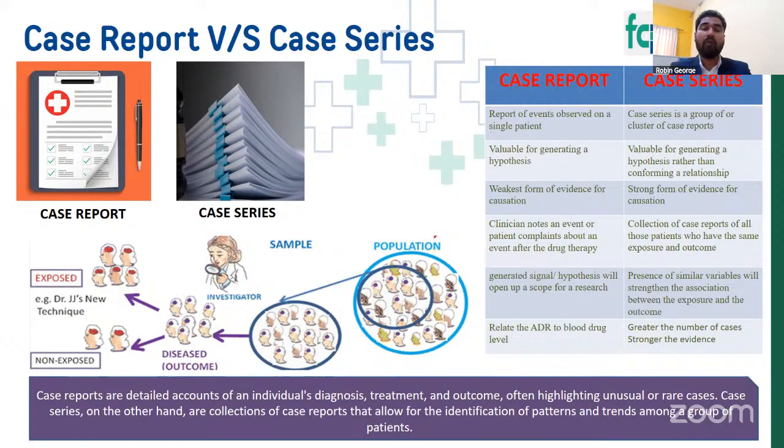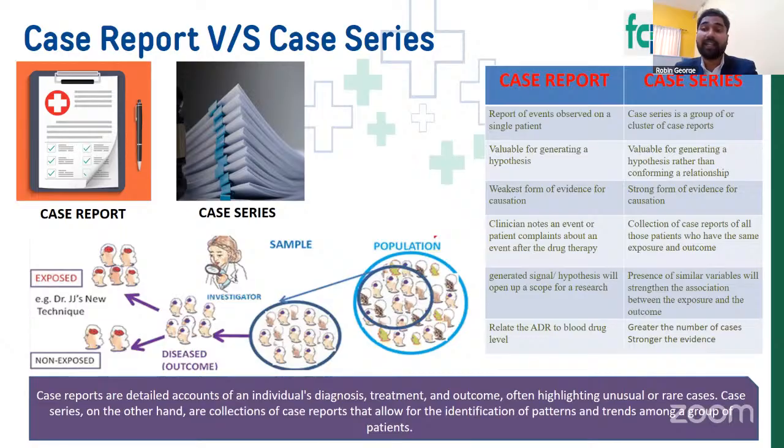Suppose one of the adverse drug reactions we have seen in our hospital recently is phenytoin-induced Steven-Johnson syndrome. It happened in one patient that phenytoin caused Steven-Johnson syndrome. After that, to whichever patients we prescribe phenytoin, we monitor them very closely for any symptoms of Steven-Johnson syndrome.